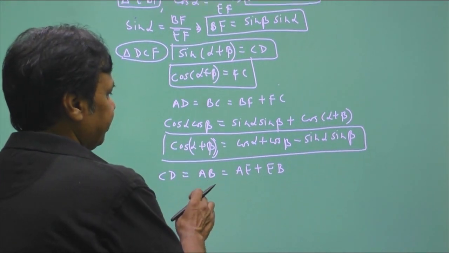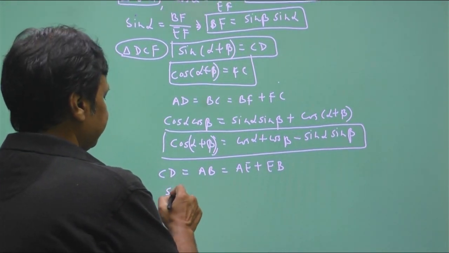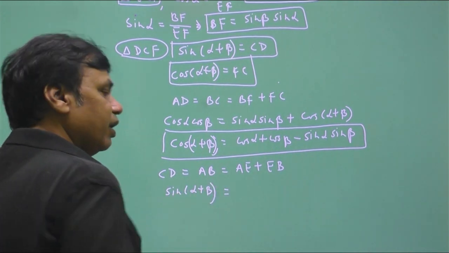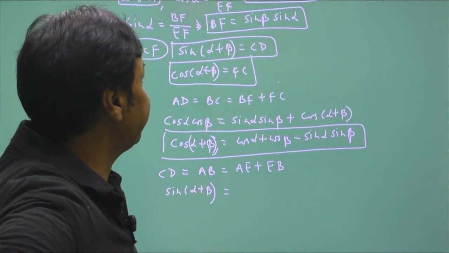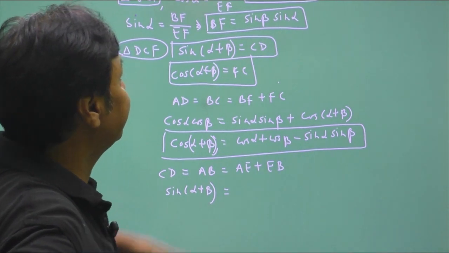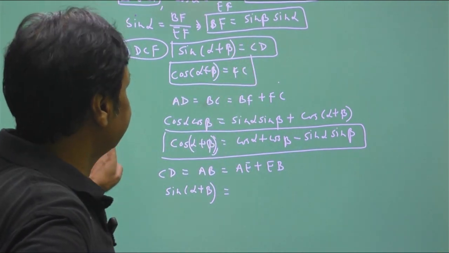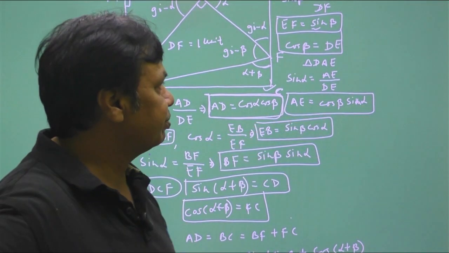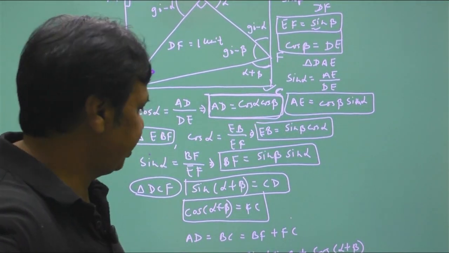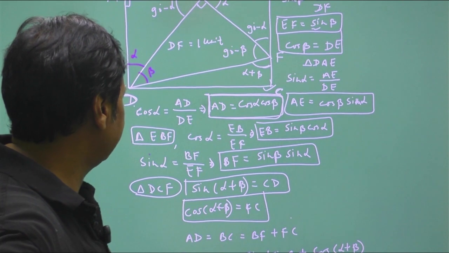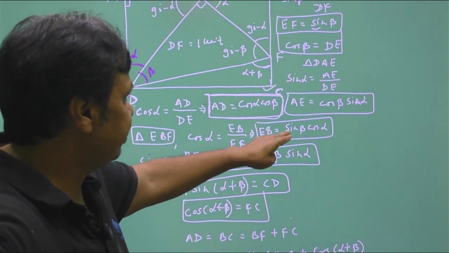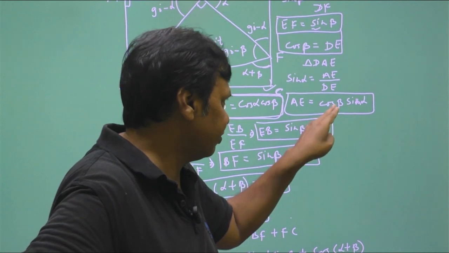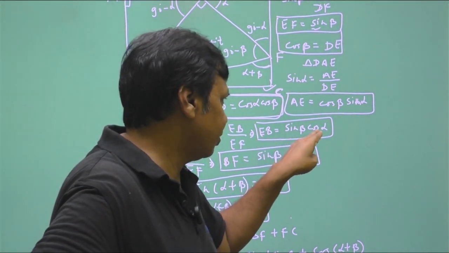So I can write here CD equals sin alpha plus beta, and I will have to find this AE. Where is AE? AE is here. AE is sin alpha cos beta and EB is cos alpha sin beta.